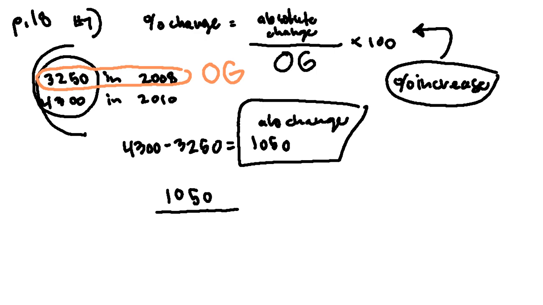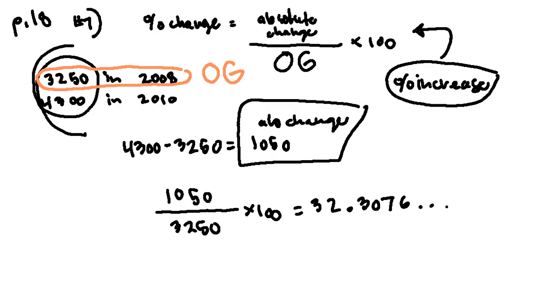So this is 3,250, and then we multiply that by 100, and we get 32.3076.